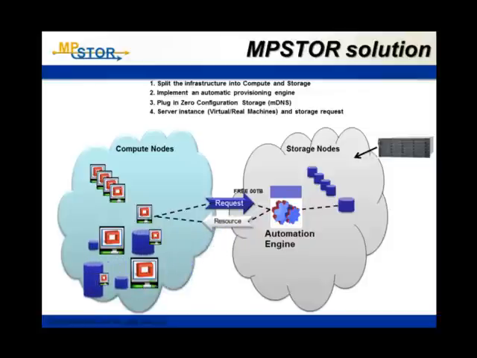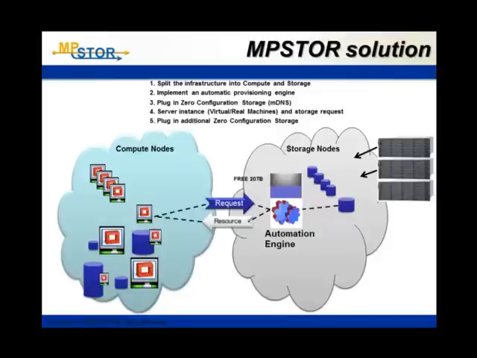So this is one of the main benefits of splitting compute nodes and storage nodes into two pieces of infrastructure. You can allocate independently your VM and your storage. If the storage farm needs more storage, well, then you just plug it in. By virtually plugging in, the storage gets added to the storage pool of the automation engine. So it's clearly a scale-out solution. Just plug it in and it gets added.